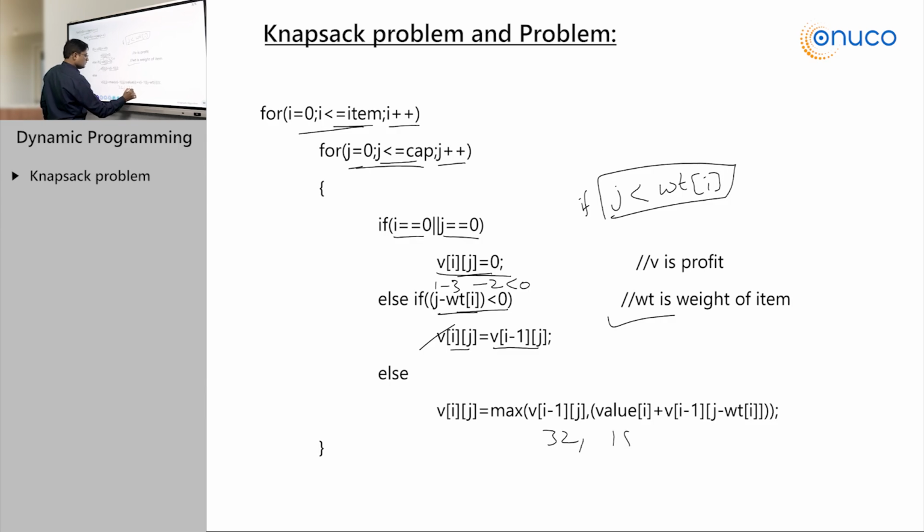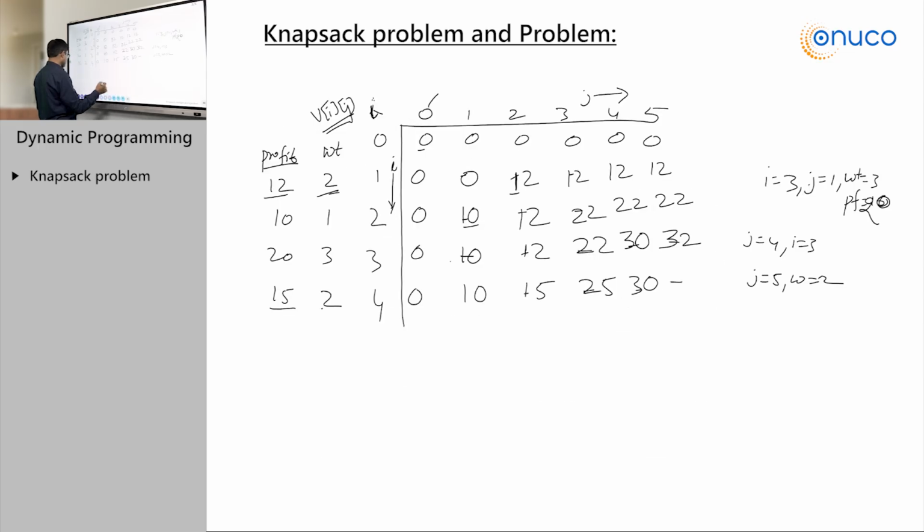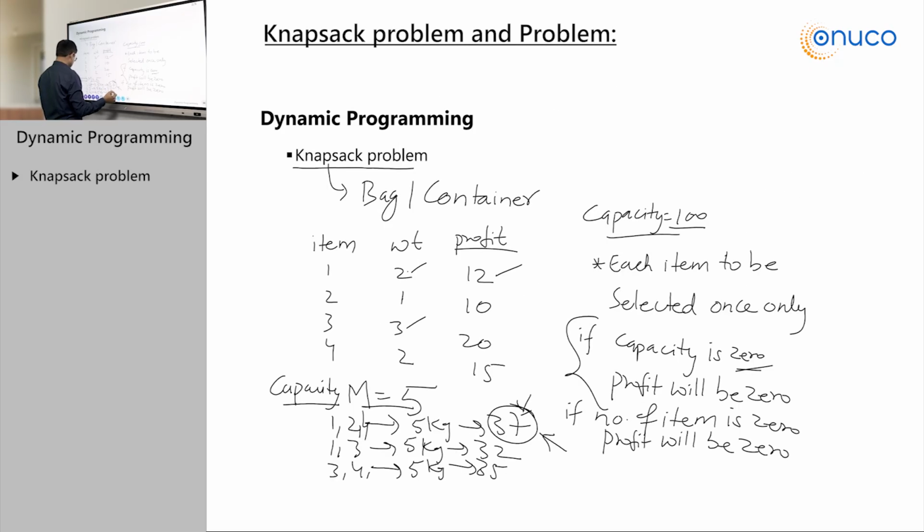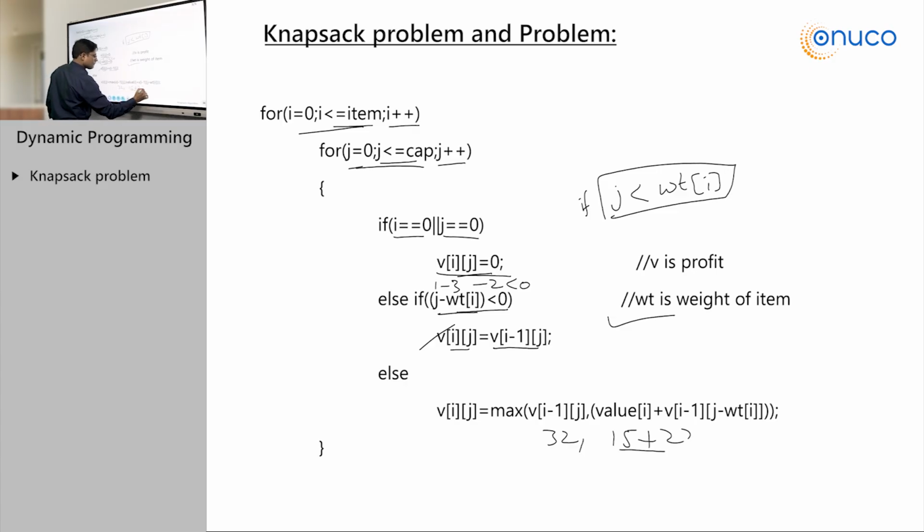So it is 32, comma, the value of I. So it is 15 plus V of I minus 1, J minus W, previous row, J minus W, 5 minus 2 is 3, previous row, third column. What is the value? 22 will get added. So 22 plus 15 is 37.